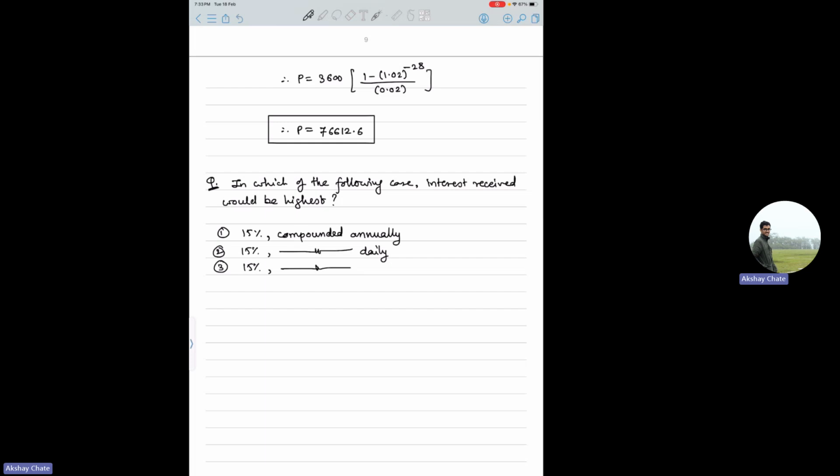The concept remains the same. So it could be something like weekly, and something like 15% compounded continuously.